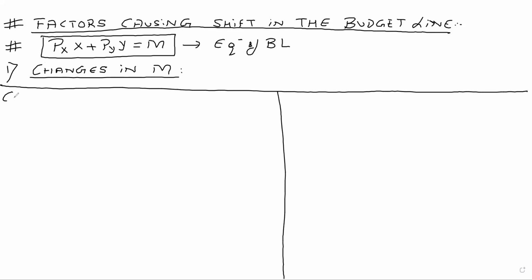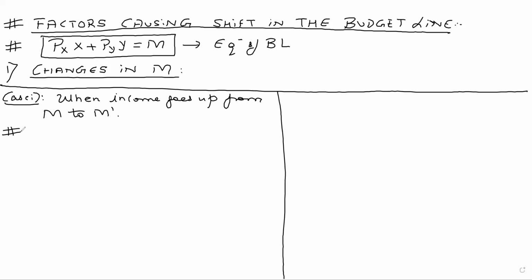Case one, when income goes up from M to M dash. I can write it like this so that students don't get confused.